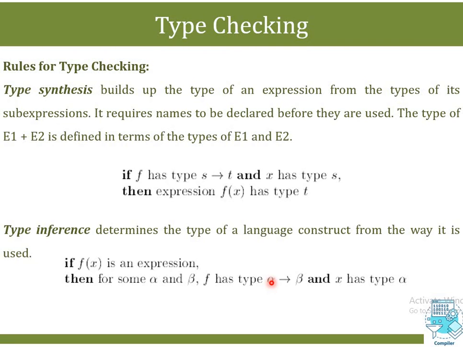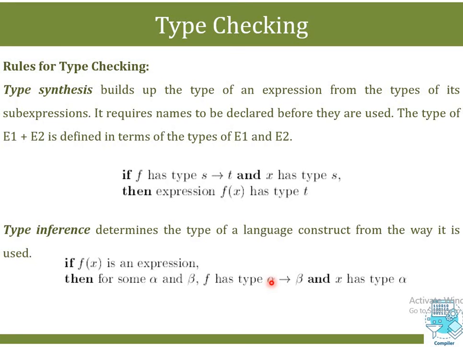But whereas languages like Python, there is no need for any declaration. You need not declare any variable. Based on the value you are assigning, it will be taking the type accordingly. So Python follows type inference, whereas the languages like C, C++, Java take type synthesis.